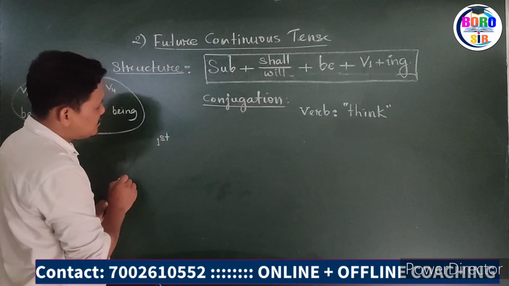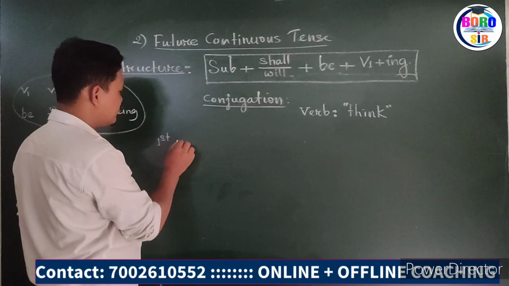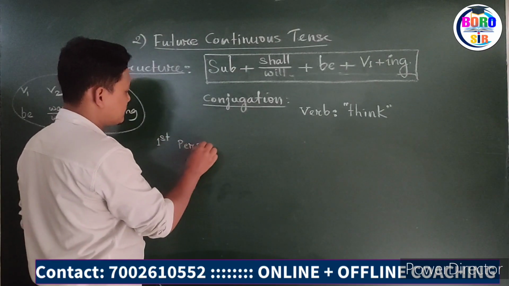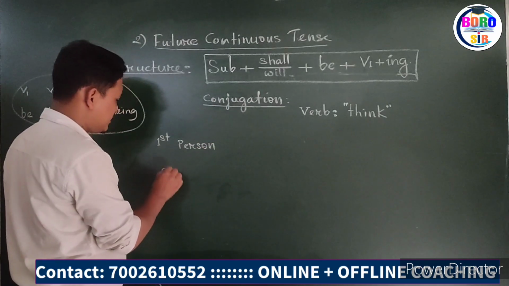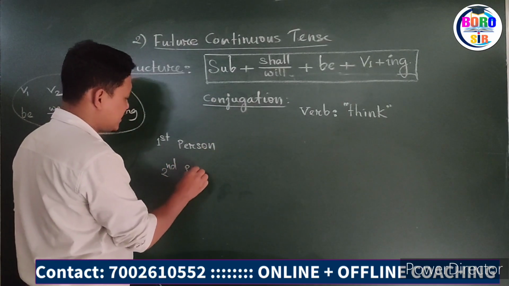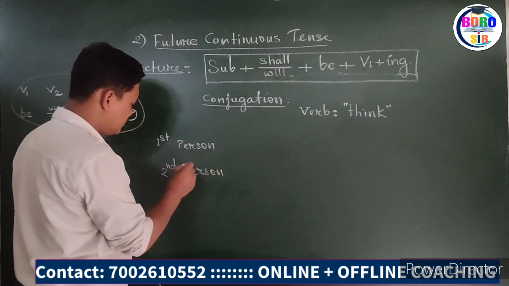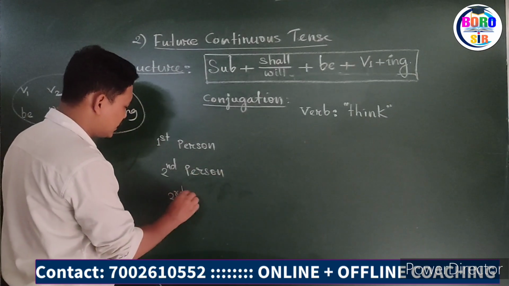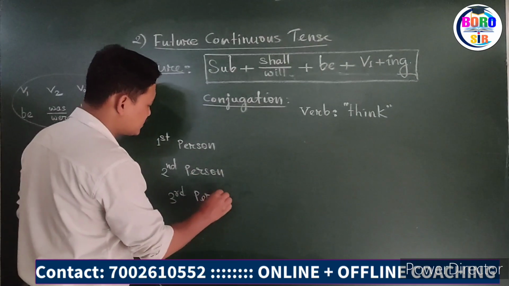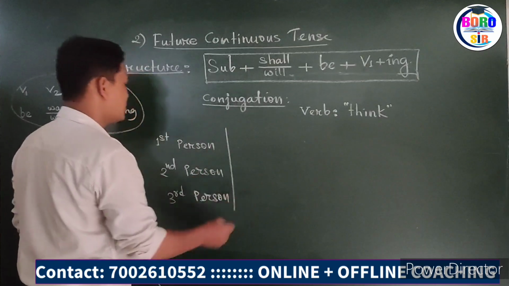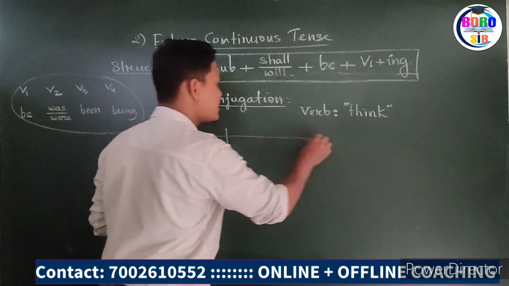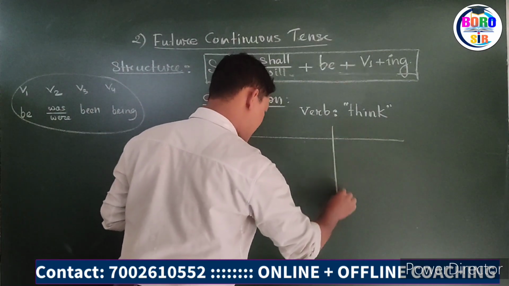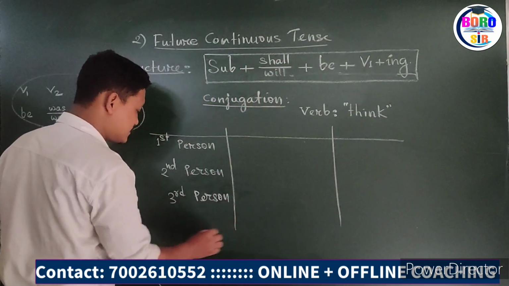The table will contain first person here, and below it we have the second person, and below the second person we have the last one, which is third person. Let me draw a vertical line, and again a vertical line here.